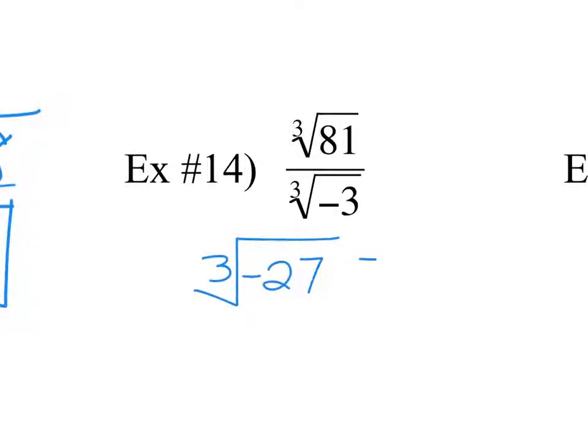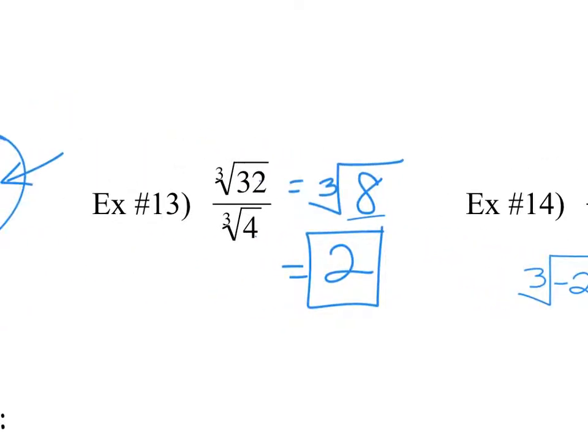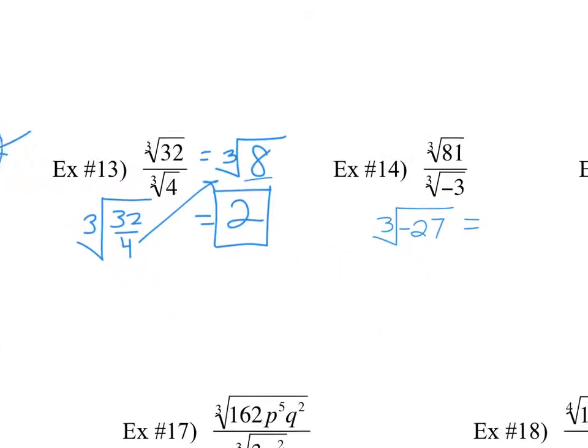Okay. So first divide. Wait, for number 13, what about putting it all in the same radical? Yeah, you can. I've just been skipping that step because you don't really need it if you know it in your head. I just went 32 divided by 4 is 8. It helps to know your multiplication tables.